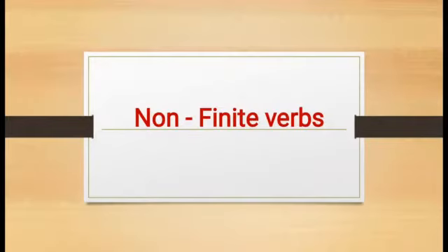So, whichever finite verbs we had discussed in the previous video, they all talk about specific tense, specific number and specific person. But non-finite verbs are not action words. They do not inform us about tense, number and person. Therefore, a non-finite verb is never the main verb in a sentence.